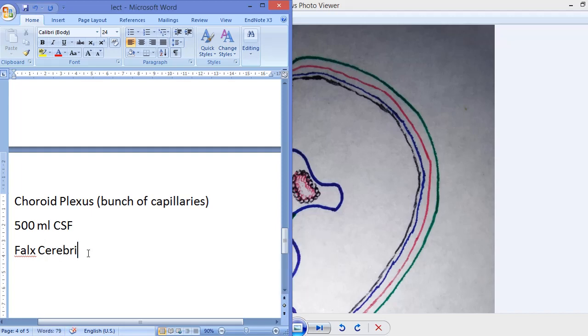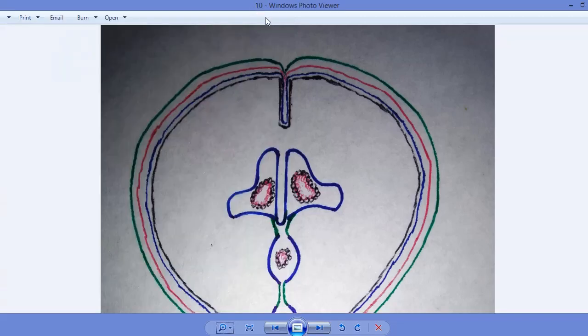So the falx cerebri is the extension of the meningeal layer into the longitudinal fissure. Inside this falx cerebri, what happened?